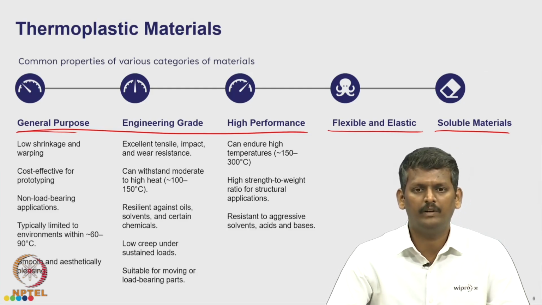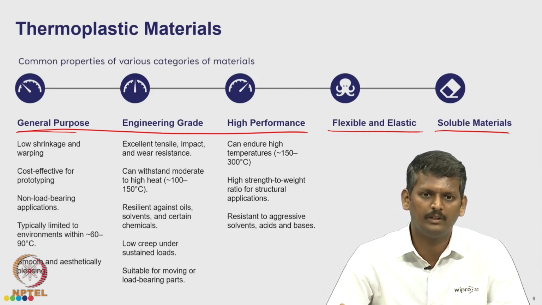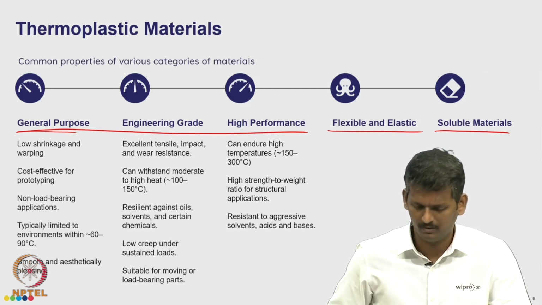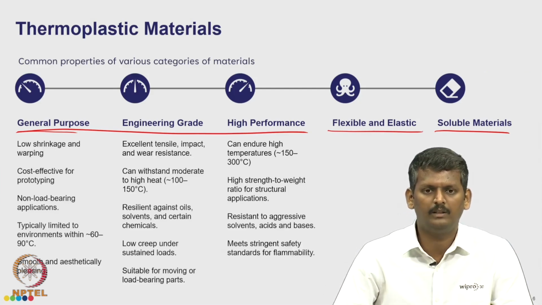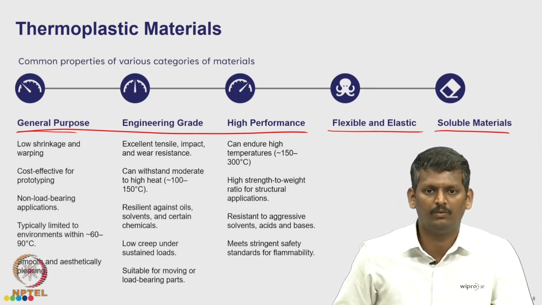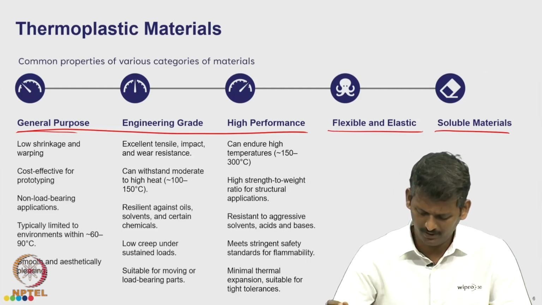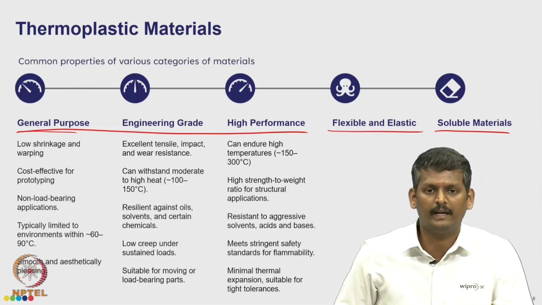Even for aggressive solvents or aggressive chemicals, acids or bases, it is very resistive. That means we can use it in very harsh environments as well. These materials meet very stringent safety standards for flammability issues, and give very little thermal expansion, which is suitable for very tight tolerances.